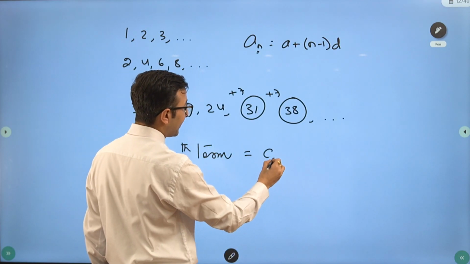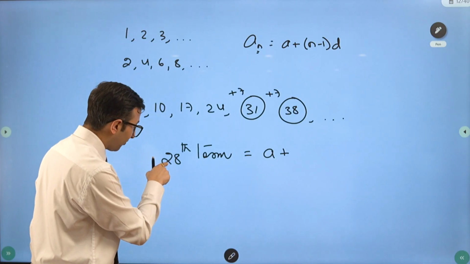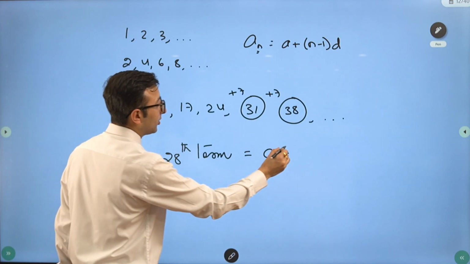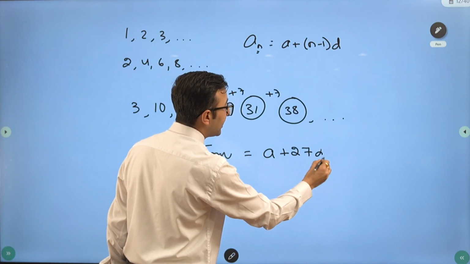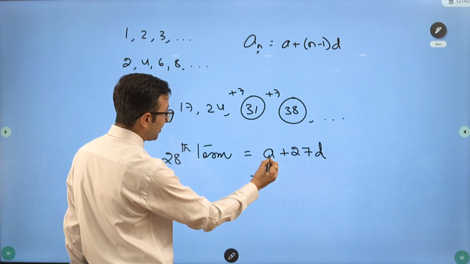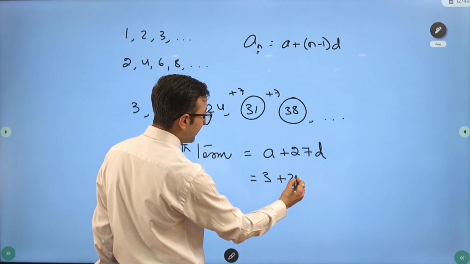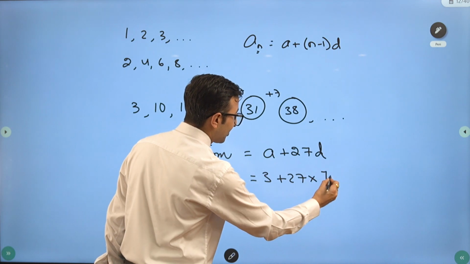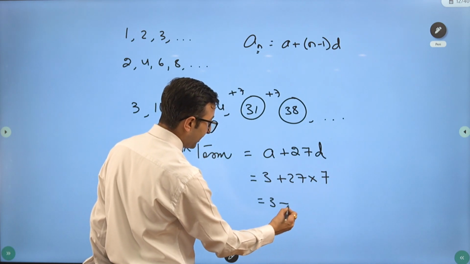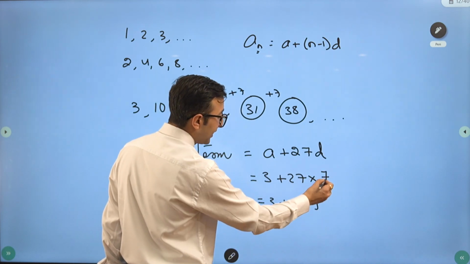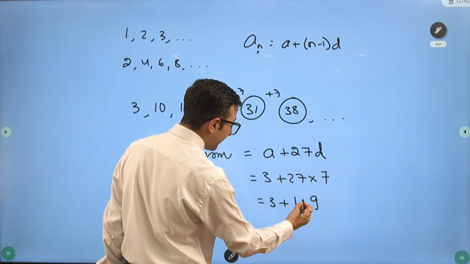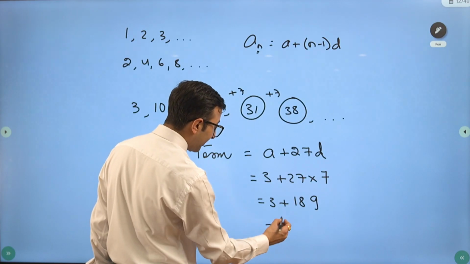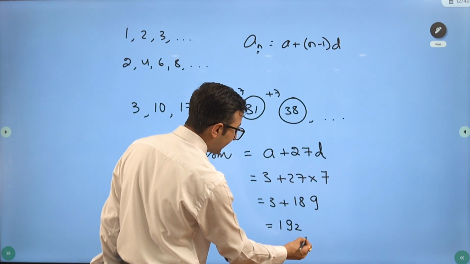So here we write a plus, which term do we need? The 20th term. So 19 gaps should be added to the first term. The first term is 3 plus 19 into our gap. The gap is 7. So 3 plus 7 nines are 63.